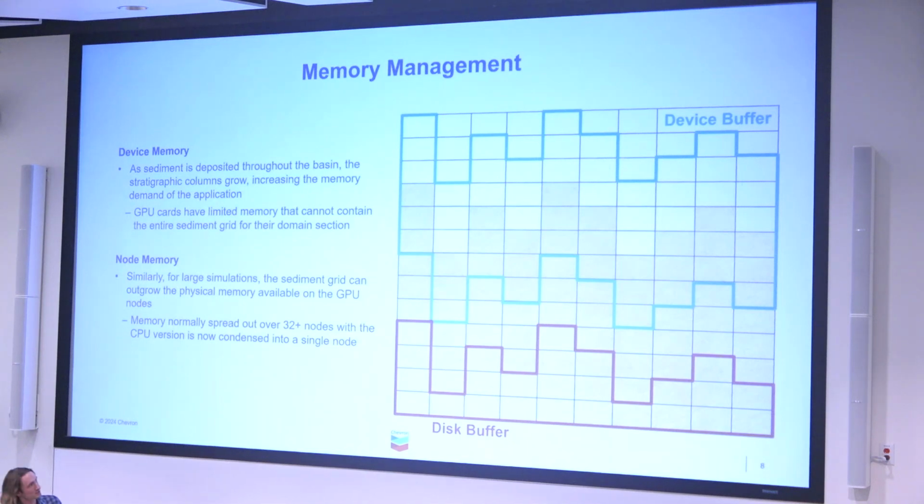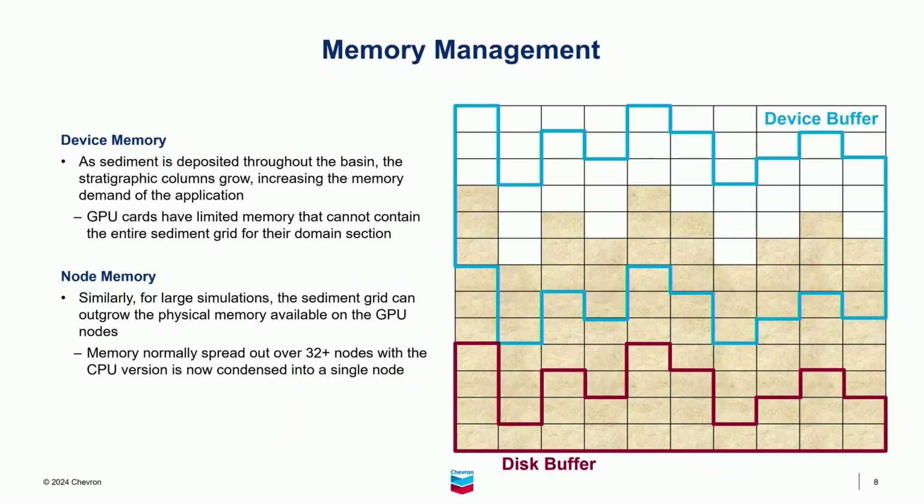Let's see, this is, for instance, a single cell. Sediment can continue to be deposited on top of this array, increasing the memory demand of your application. In order to fix that on the device side, we introduced this fixed size device buffer. It straddles the top of the surface here, because we know that we're only going to use the top few sediment layers in our calculations, and we leave some room for deposition going upwards.